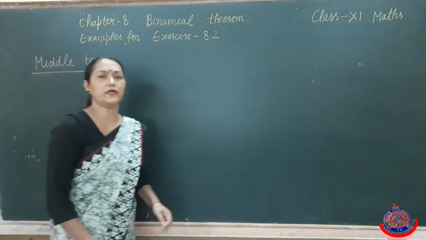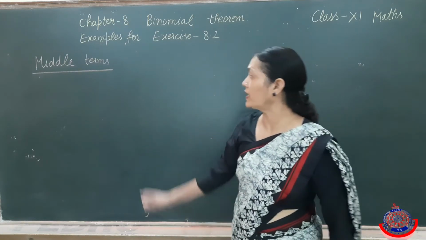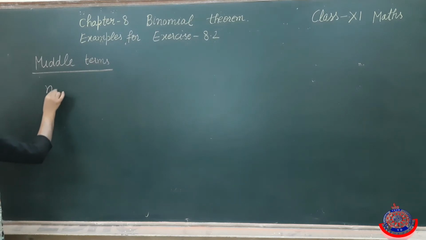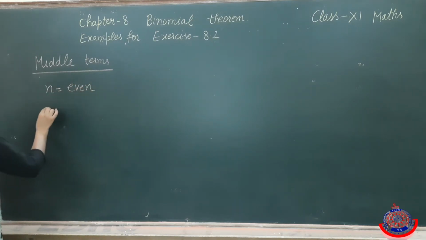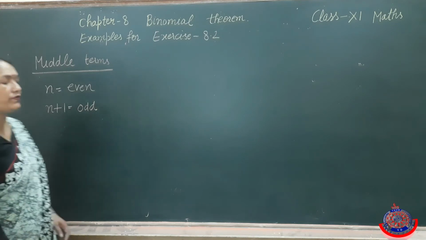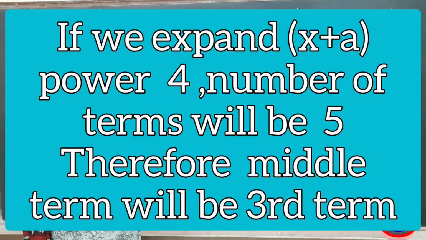Our next topic in 8.2 is to find the middle term of the expansion. How to find the middle term? If the number of terms is even, then the middle term will be the n plus 1 upon 2th term. Why? Because when we write terms, for (x plus a) power 3, the number of terms would be 4.